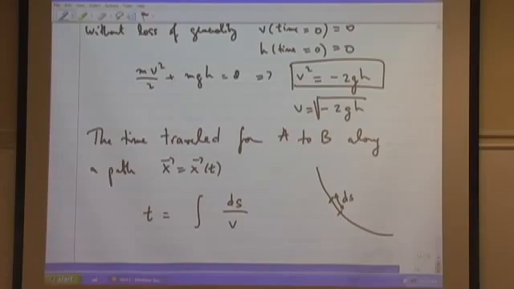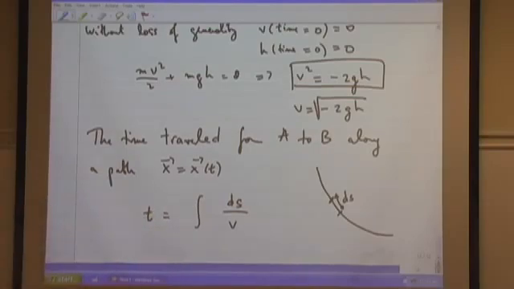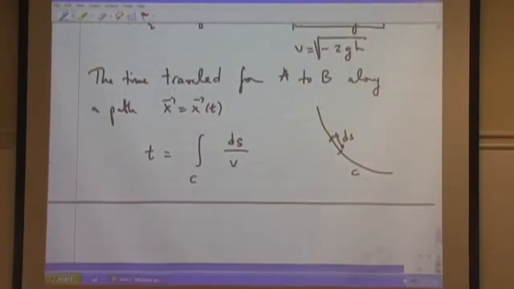if that speed was constant. But because it's not constant, you're going to have to integrate along the curve. Let's call it curve C. So that's pretty much a line integral with respect to the arc length, where ds is the arc length. You must have seen this in Calculus 3, but you probably forgot how it's done.